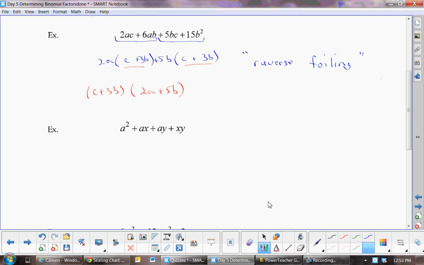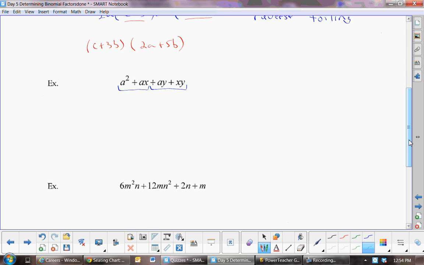Okay, so this is a much, much, much higher level of learning. To go reverse foil is a lot more difficult. Okay? So, in the first group, what can you take out? Leaving me with?